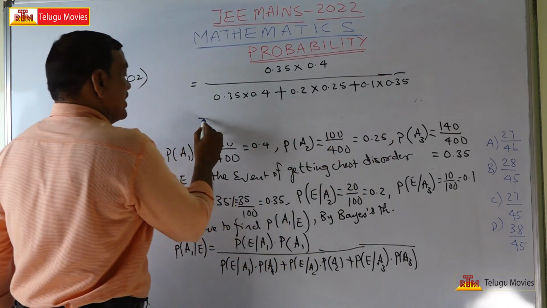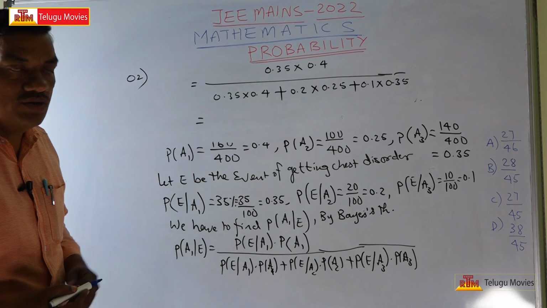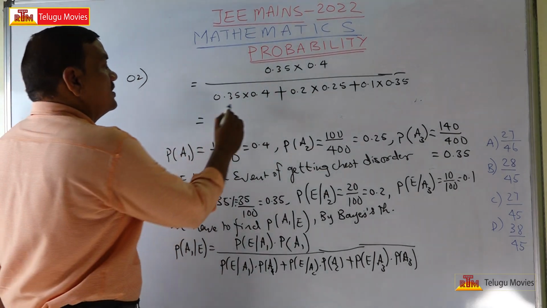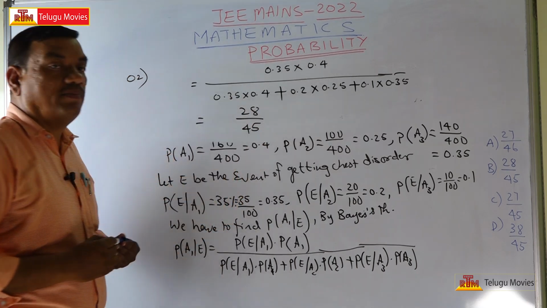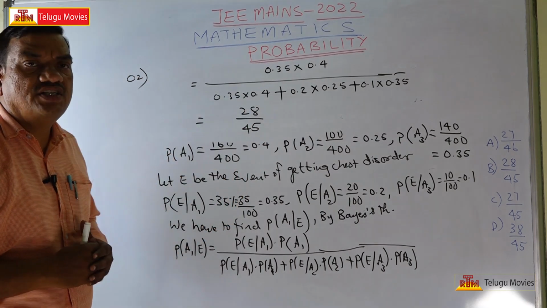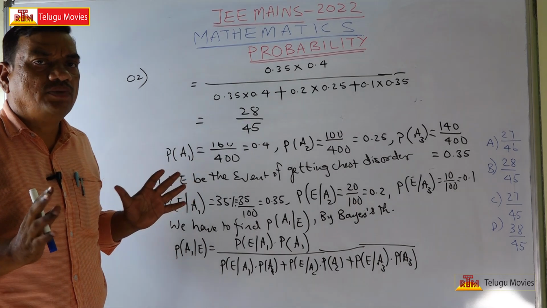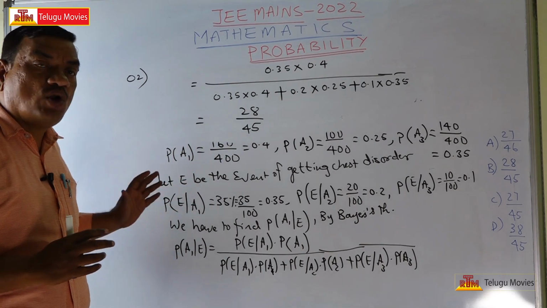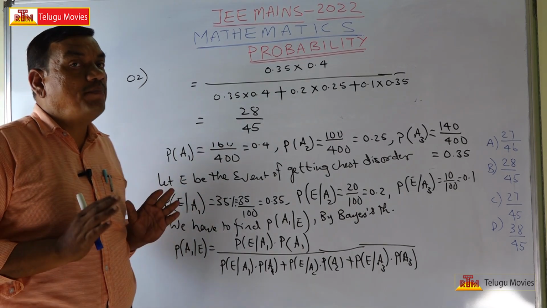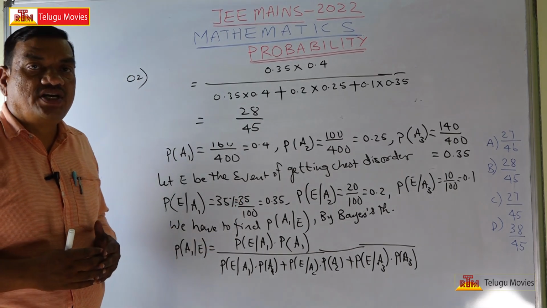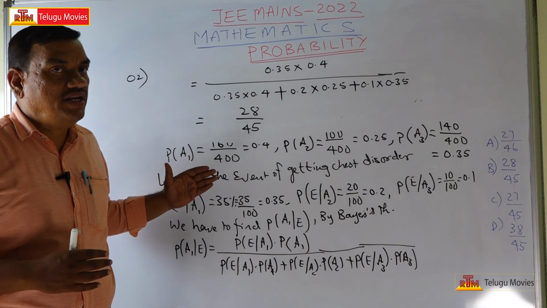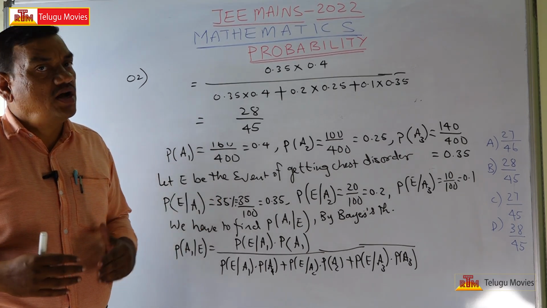If you calculate all these values, you will get the answer 28 by 45. So, it is a very easy, direct problem. This problem is done using Bayes theorem only. I hope you understand this solution very clearly. Let us go for the next problem.